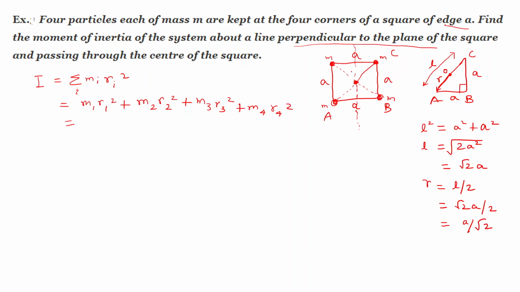That means all these particles are at the same distance, right? All these are R, and the value of R is A by root 2, and all these masses are also the same, all the masses are m. That means I can just make it 4 times, with mass m and R as A by root 2, and taking the square of this, I'll get 4 times m times A square over root 2 square, which is 2.